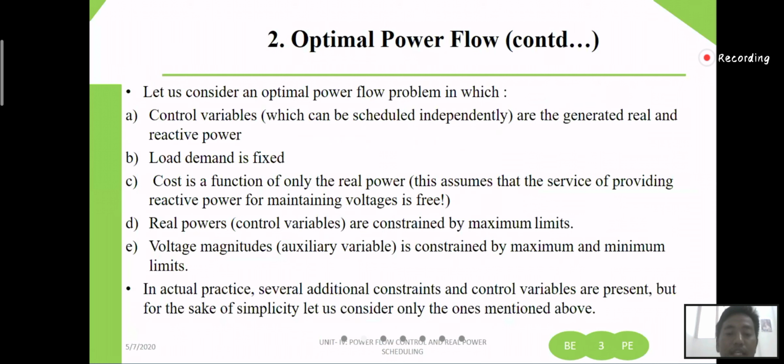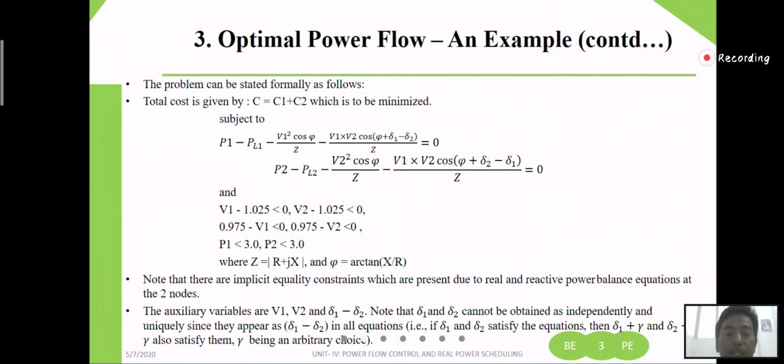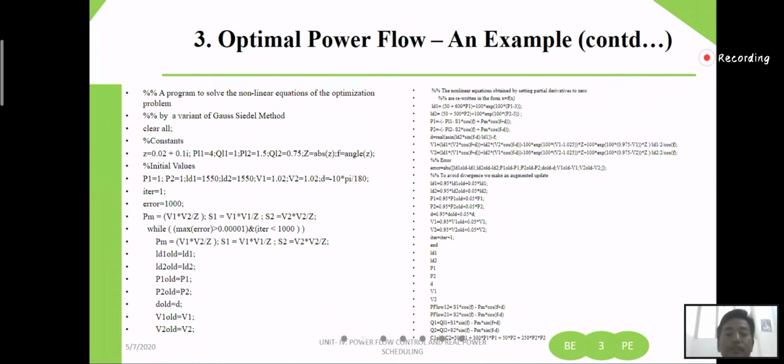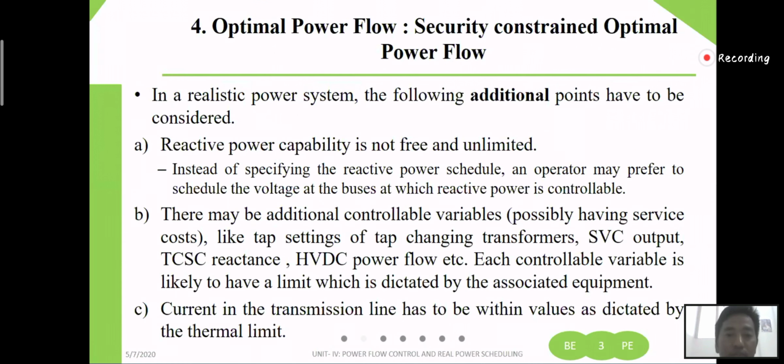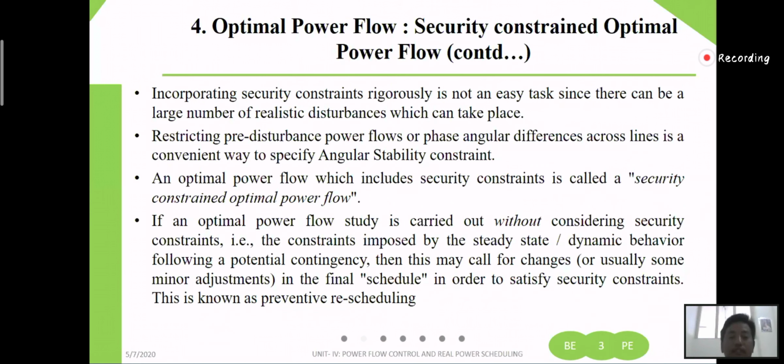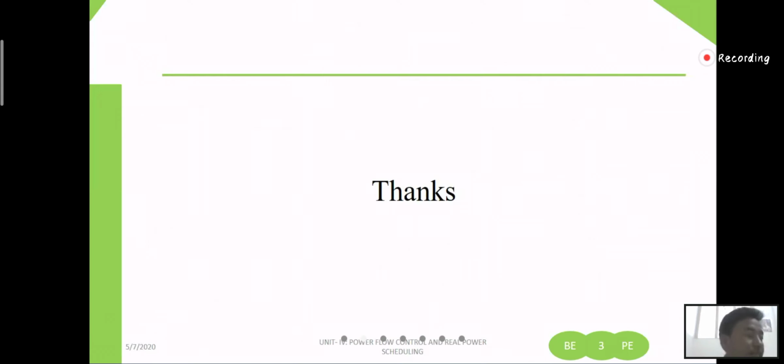With this, we end optimal power flow, and with completing it, we are completing unit 4. From the next class, we will study unit 5. Unit 5 is on preventive, emergency and restorative control.